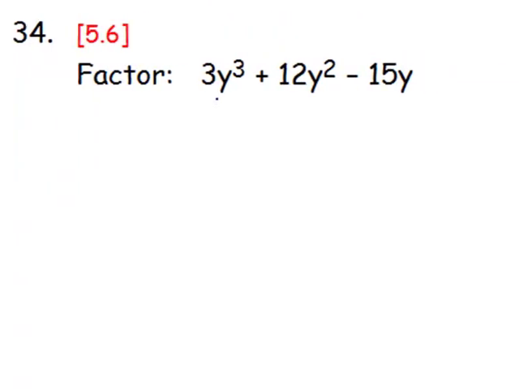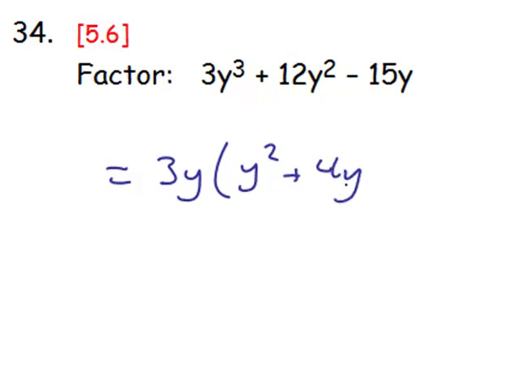Here we have a trinomial, but notice it's y cubed, 3y cubed. And yet every term also has a y. So let's factor that part out first. In fact, we can factor out 3y altogether, and we're left with y squared plus 4y minus 5.